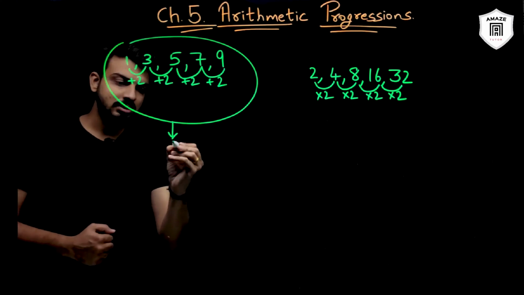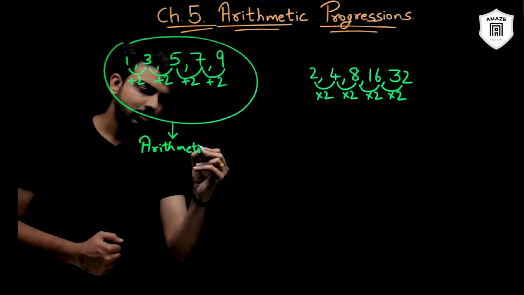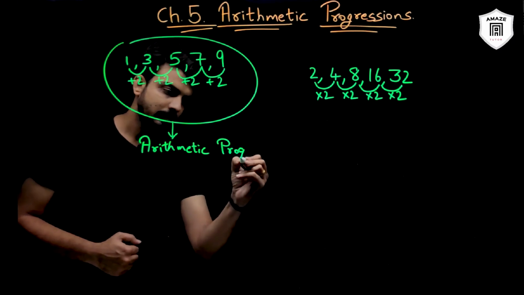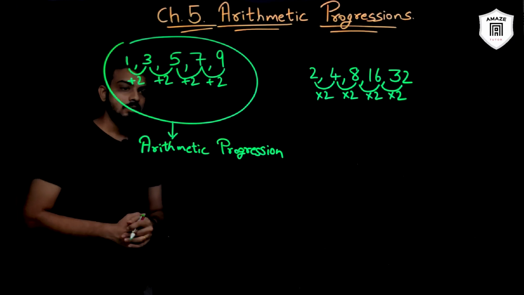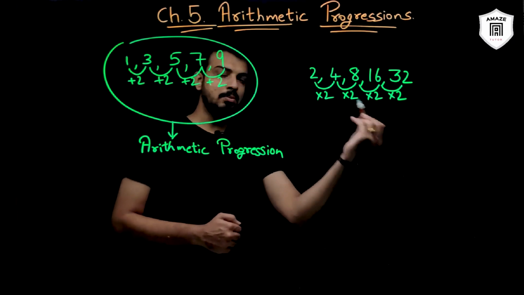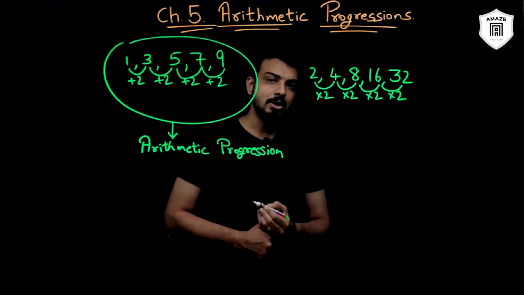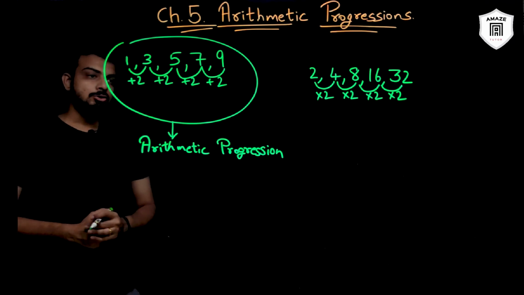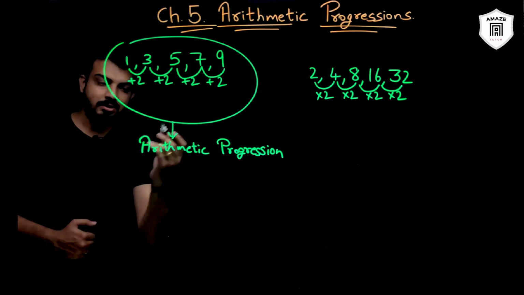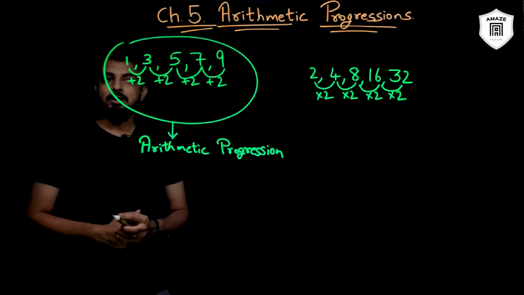So this is an arithmetic progression, right? And this is a different progression which we are not going to see in this particular chapter, okay? You will study it in your further grades. So let's focus on this type of patterns where it is addition or subtraction by a particular number.